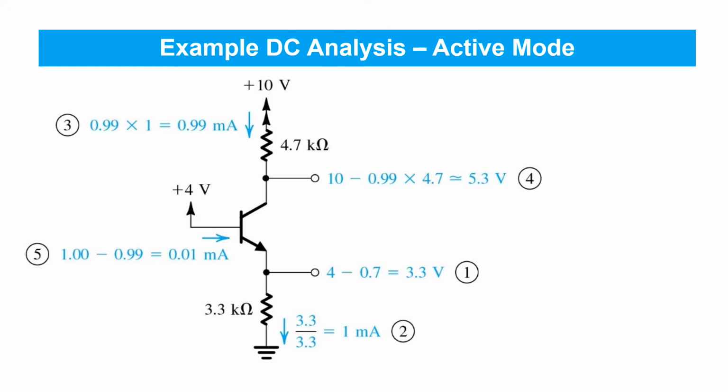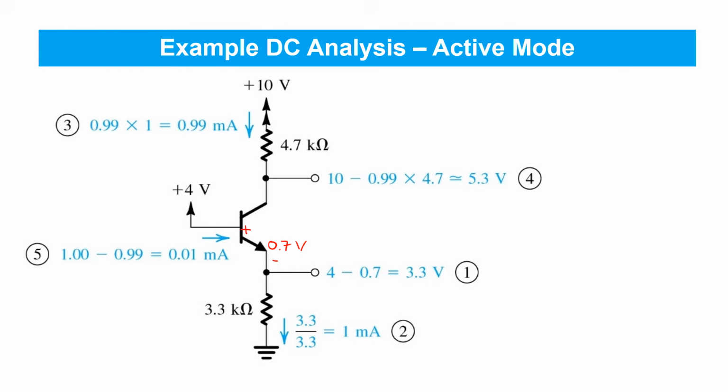So here's the same step-by-step procedure redrawn neatly. And remember, the whole premise of this analysis was that the transistor was in active mode because we assumed the 0.7 volt drop here. And we assumed that the collector current was beta times the base current.